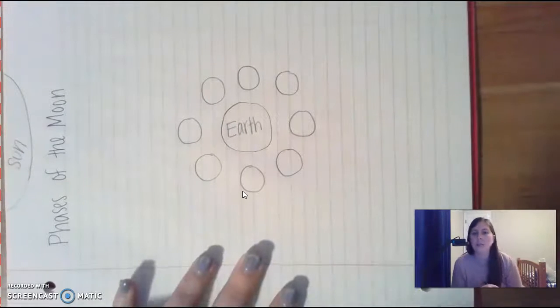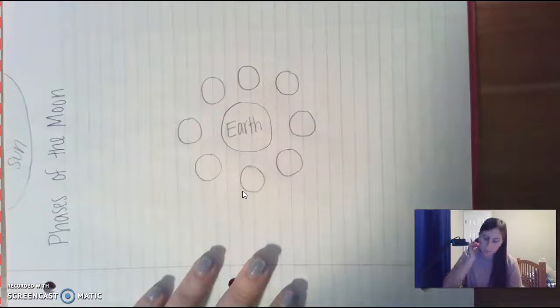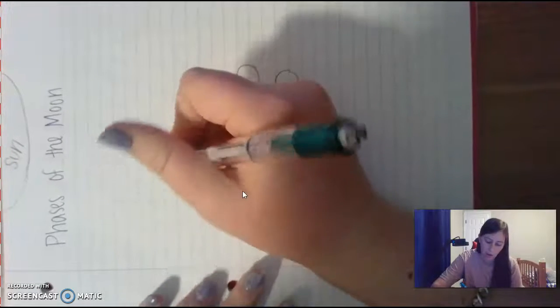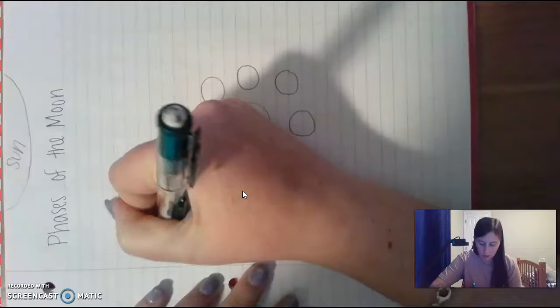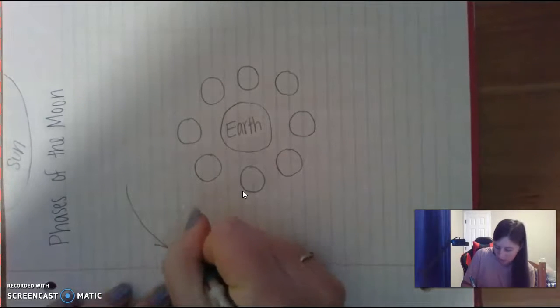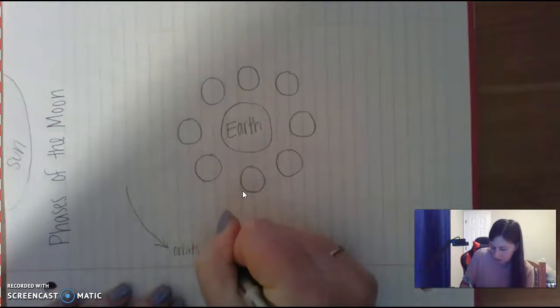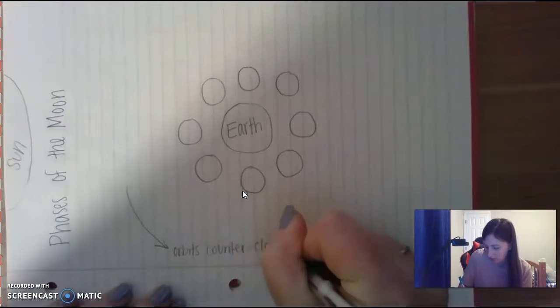And you can see this kind of shows the path of the moon as it orbits the Earth. The moon always orbits the Earth counterclockwise. So I'm just going to write orbits counterclockwise.